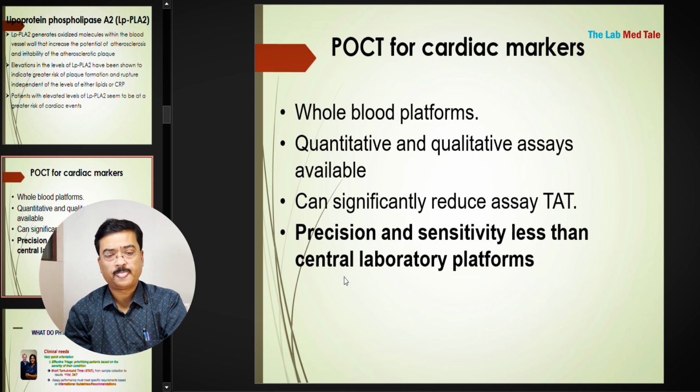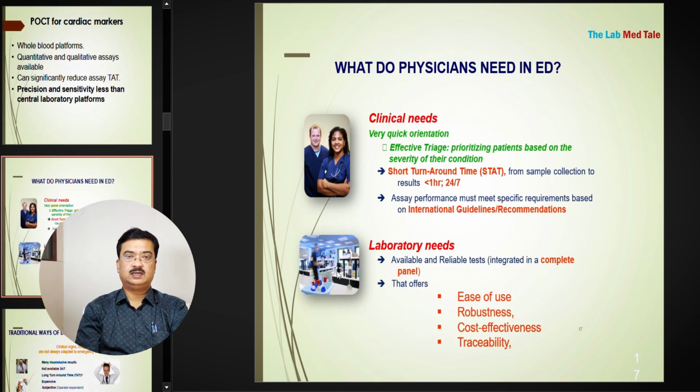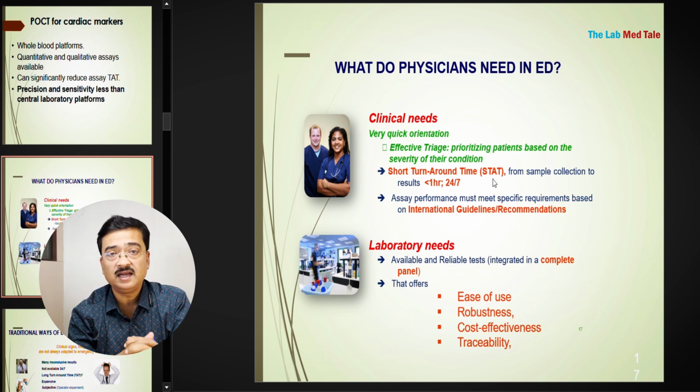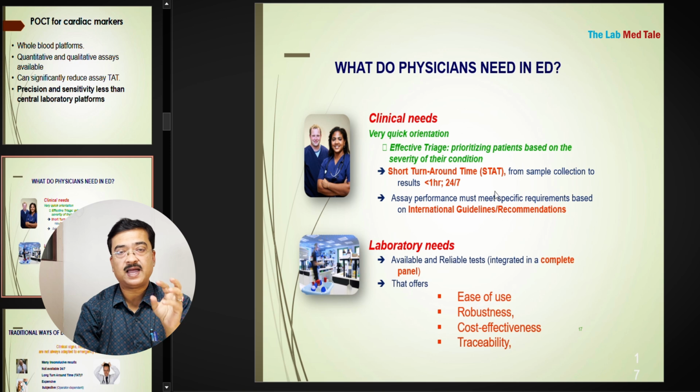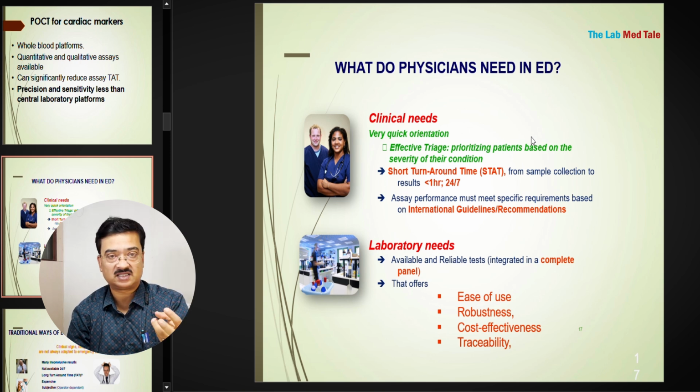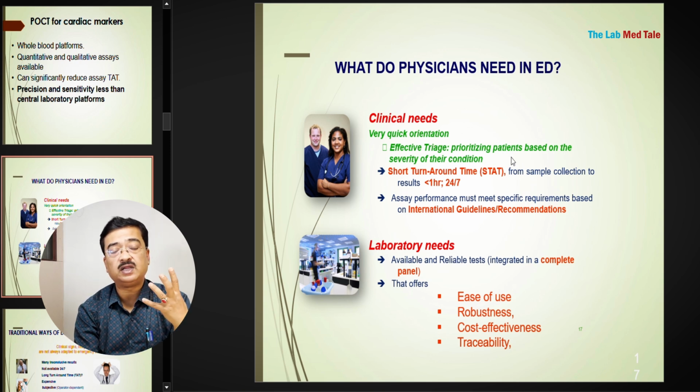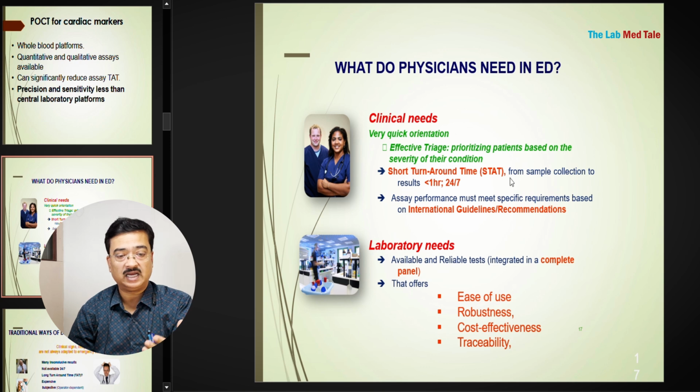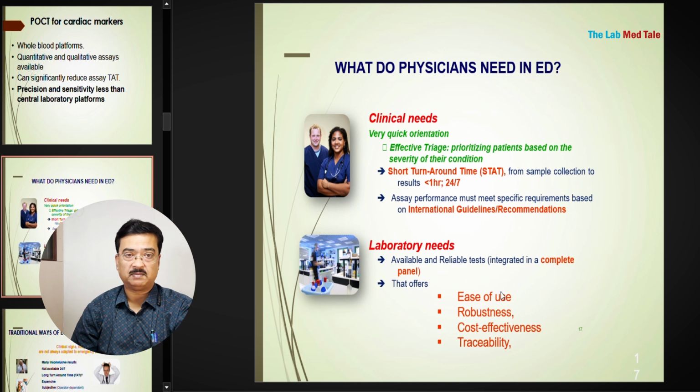So you see, what do physicians need in an emergency department? They need a result which they can more or less rely upon, and that result has to be very fast. The result has to be very quick because they will get more time for the diagnosis and startup of management when the diagnosis is something like MI.